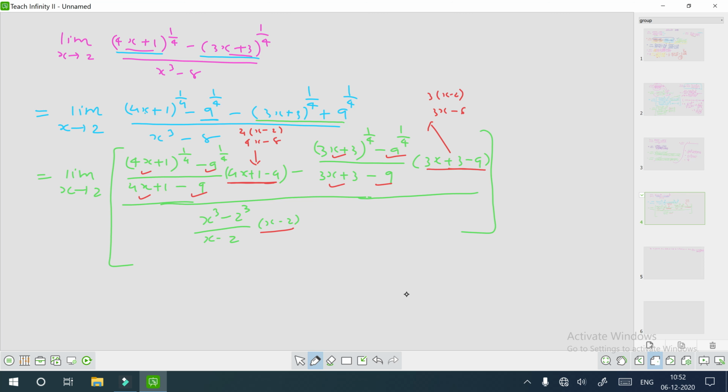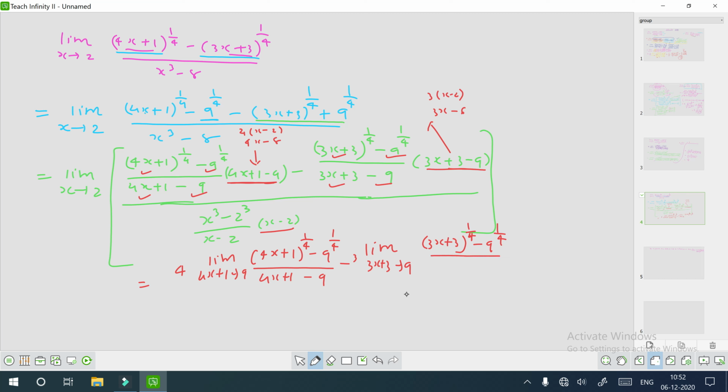Cancel it. So write 4 times limit 4x plus 1 raised to 1 by 4 minus 9 raised to 1 by 4 over 4x plus 1 minus 9, and 4x plus 1 tends to 9, minus, limit, 3 is there, sorry, 3 is outside, 3x plus 3 tends to 9, 3x plus 3 raised to 1 by 4 minus 9 raised to 1 by 4 over 3x plus 3 minus 9.